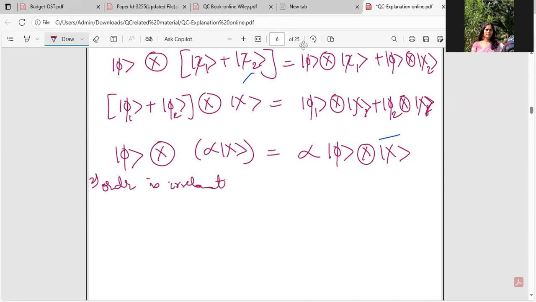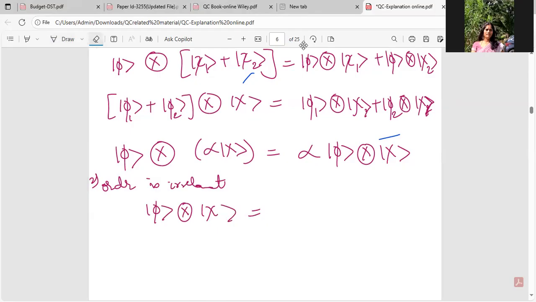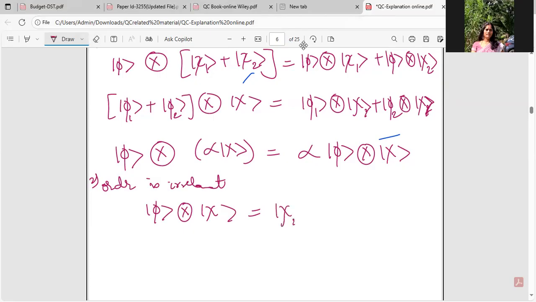That is, it is tensor product of ket phi and ket xi. There is no 2. Both are same.